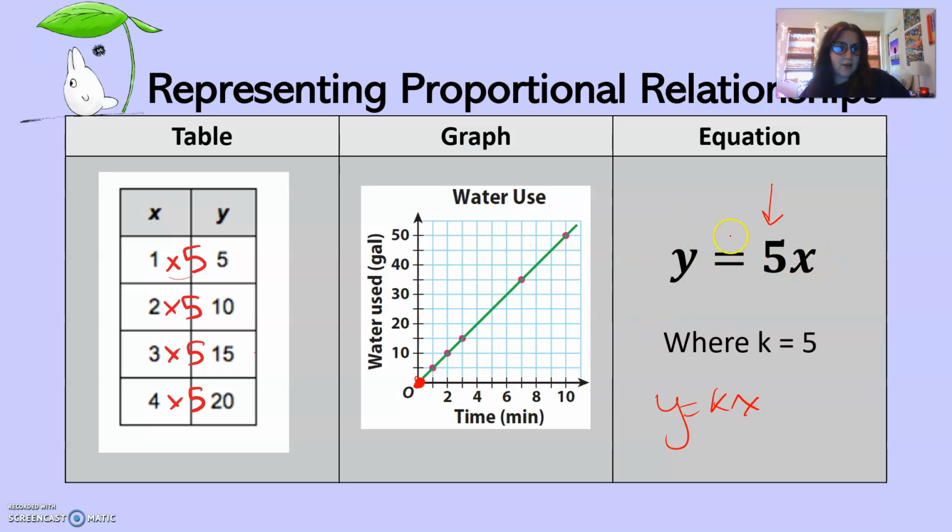If I use a graphing calculator and plug in y equals 5x, this is what the graph will look like. And if I use any of these values, if I do 5 times 1, I'll get my y value, which is 5. If I do 5 times 2, I'll get 10, which is my y value, and so on. So all of these are just different ways to represent proportional relationships.